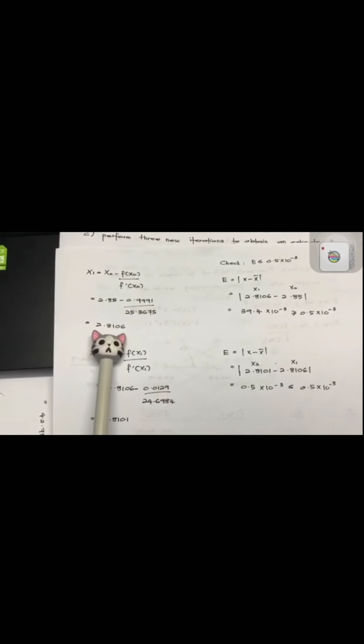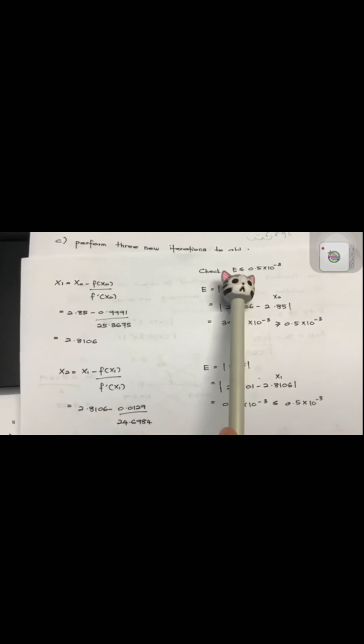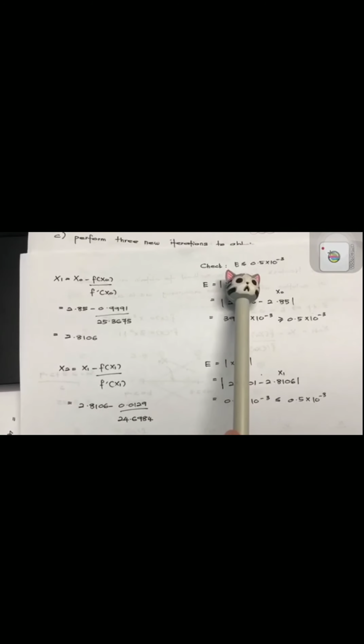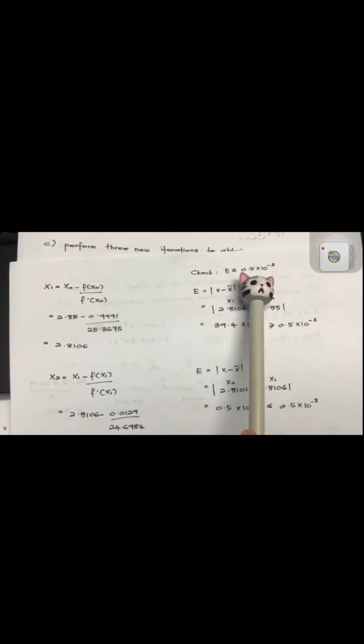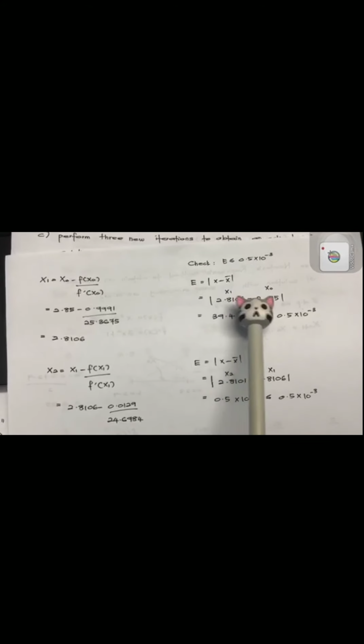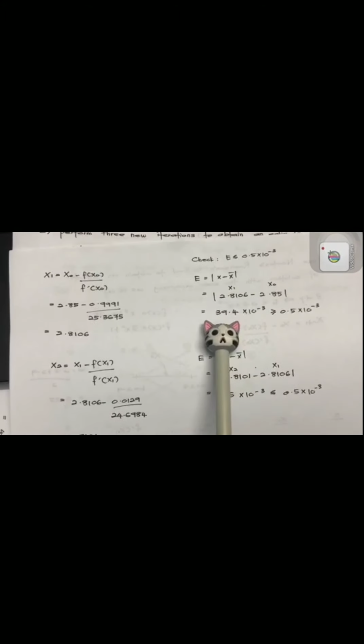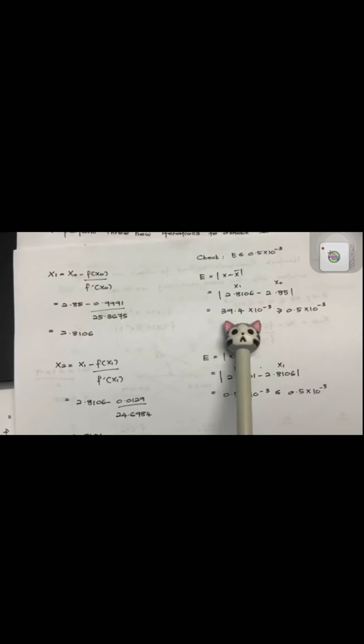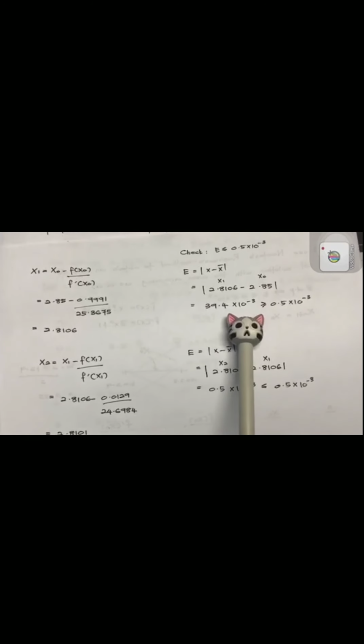We get this value. Then we check whether the error is less than or equal to 0.5 times 10 to the power of negative 3. By using this formula, the modulus of x minus x bar, which is x1 minus x naught, we get this value, 39.4 times 10 to the power of negative 3.